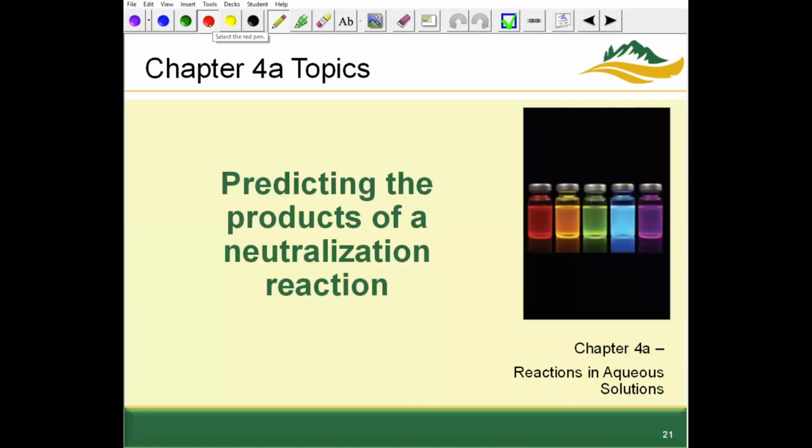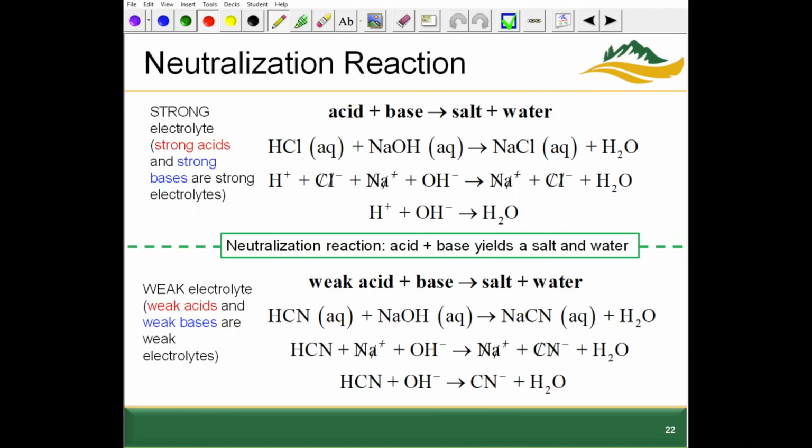The next topic now is predicting the products of a neutralization reaction. So now that we've gone into a lot of acids and bases, when an acid is combined with a base, it can result in a neutralization reaction. Let's take a look at strong bases and strong acids first.